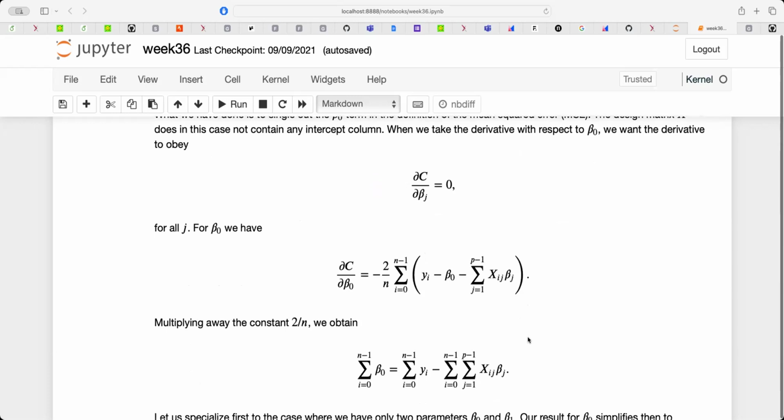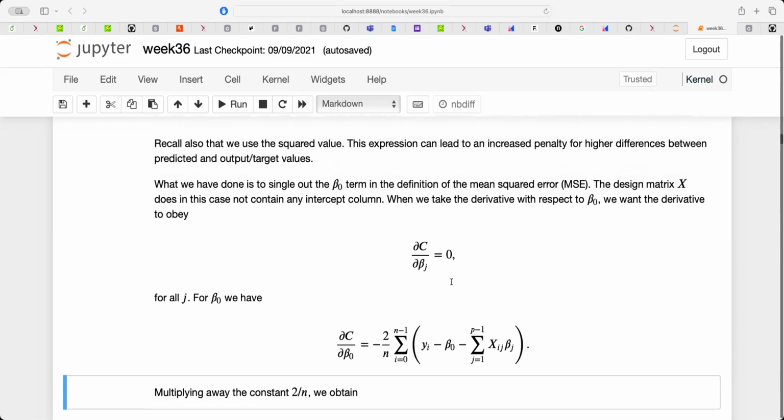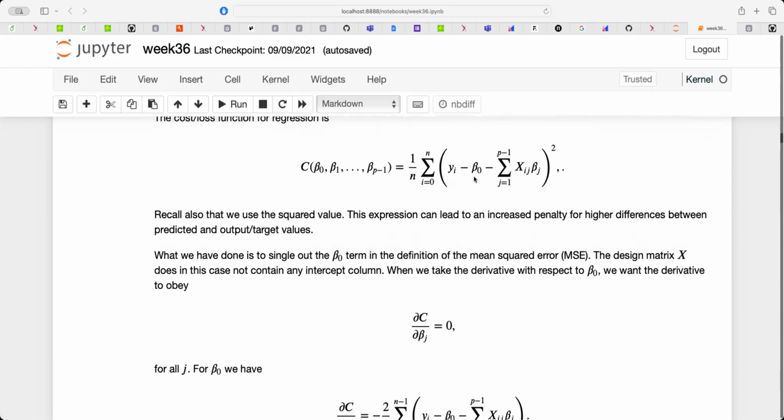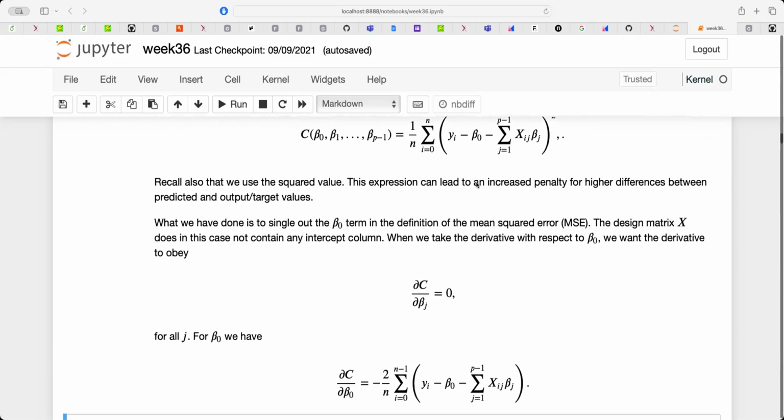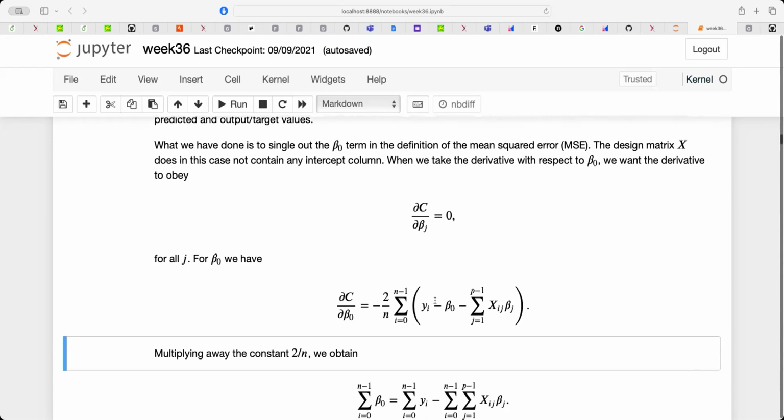In taking the derivative with respect to the intercept, you have this equation here. This is you simply going back to the mean squared error, where I have singled out the intercept, because that doesn't multiply with any of the x's. And then what you have is this equation here.